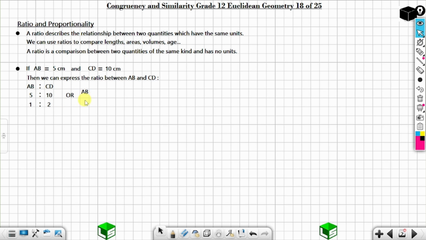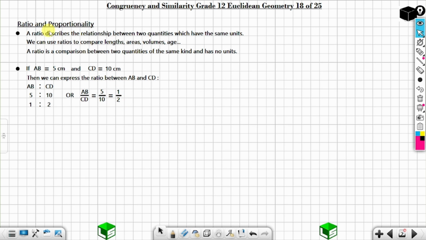AB over CD is equal to 5 over 10. You divide by 5: 1 over 2. So you can express the ratio like this or as a fraction.